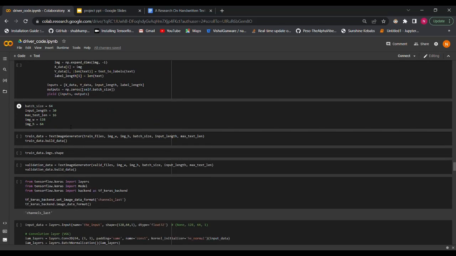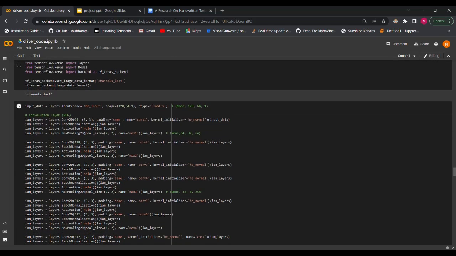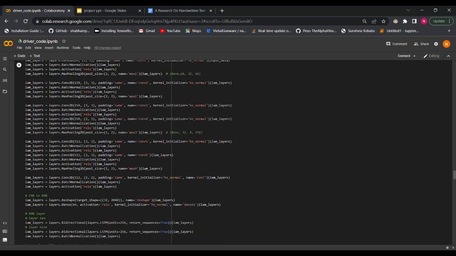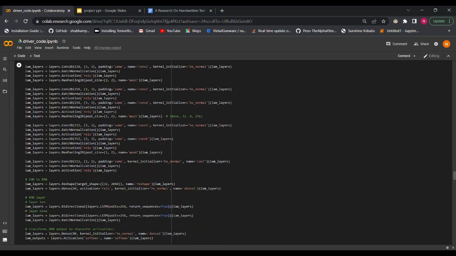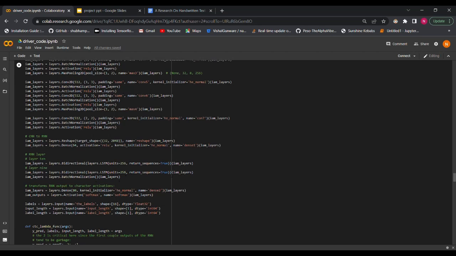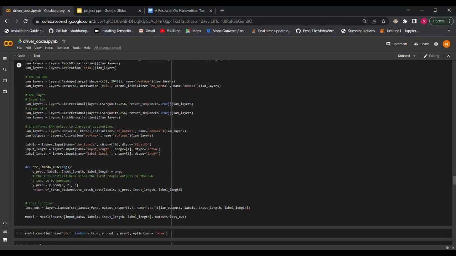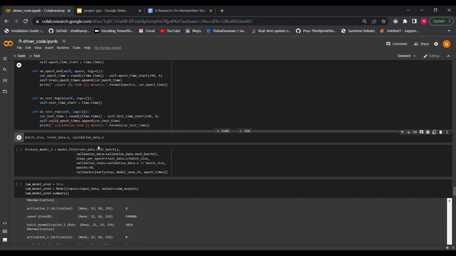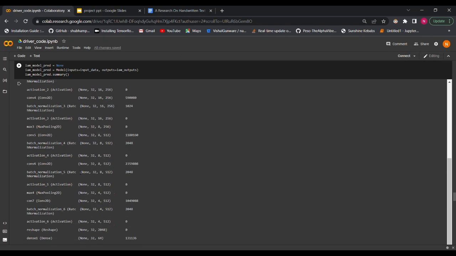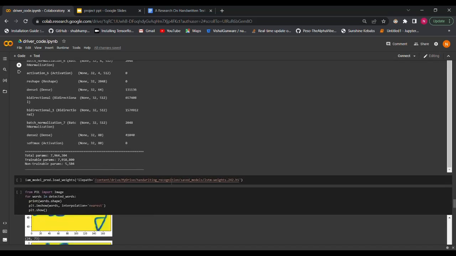These are some hyperparameters we have used. This is the architecture of our model. We have used convolutional and max pooling layers as well as a last layer as a softmax layer. This is a summary of our model, how it looks. As we have already trained our model, we are just loading our weights in our model.